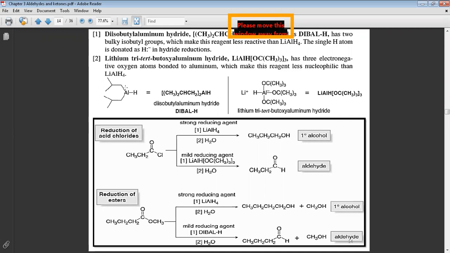The second one is lithium tri-tertiary-butoxy aluminum hydride. We have lithium, and three tertiary butoxy groups, 1, 2, 3.